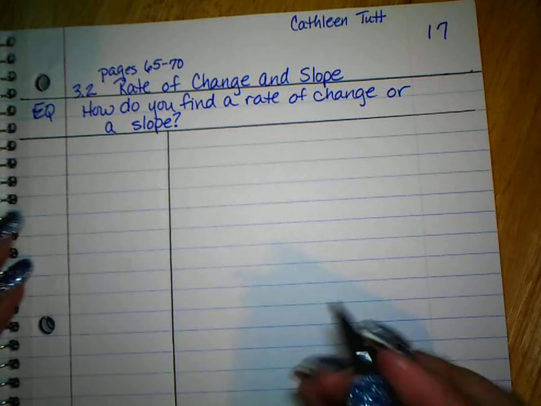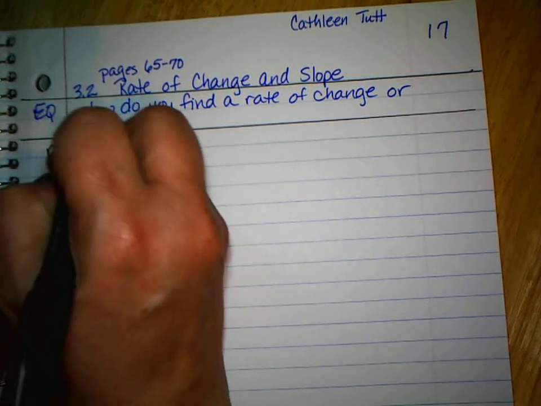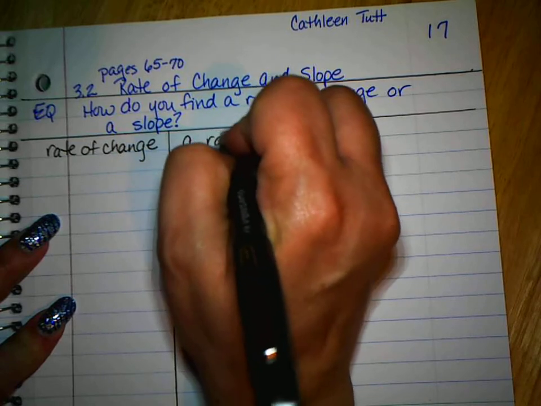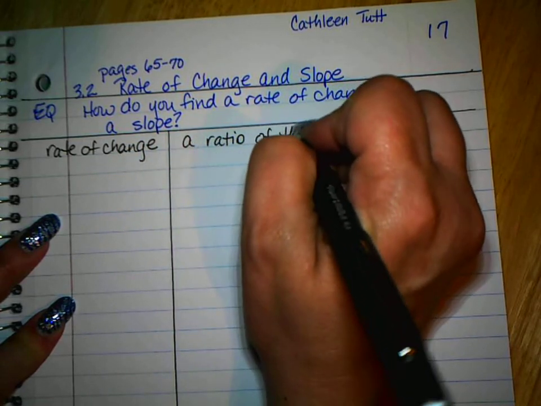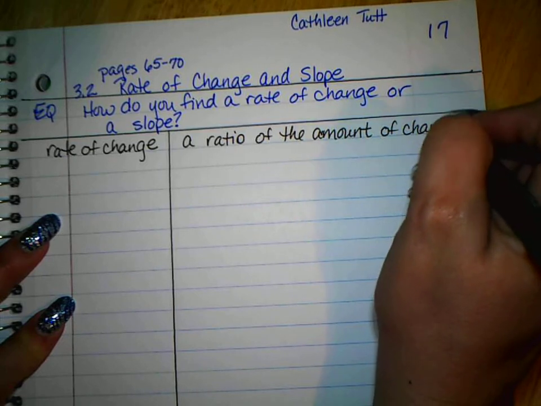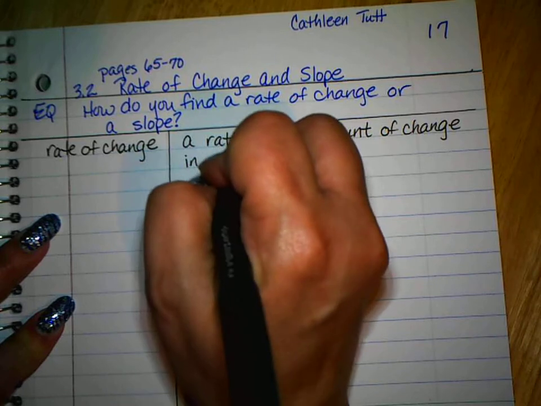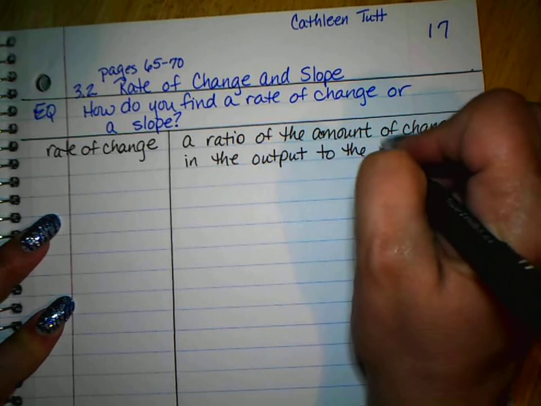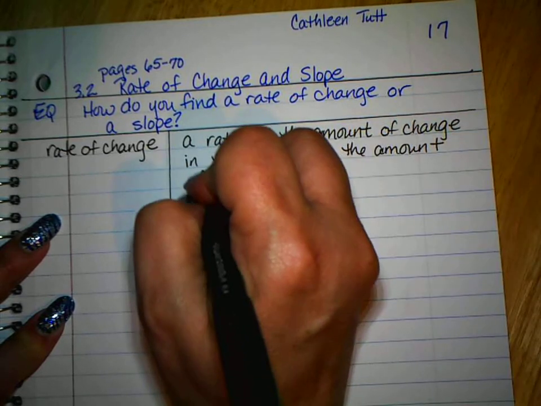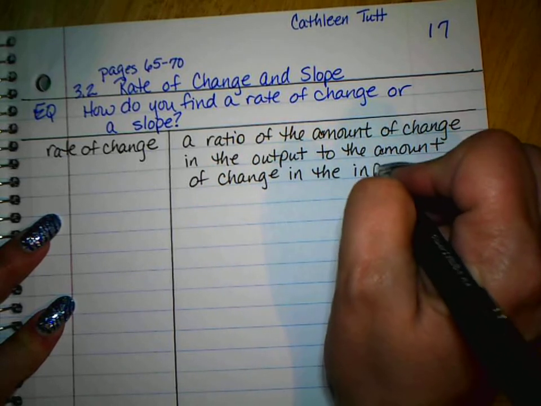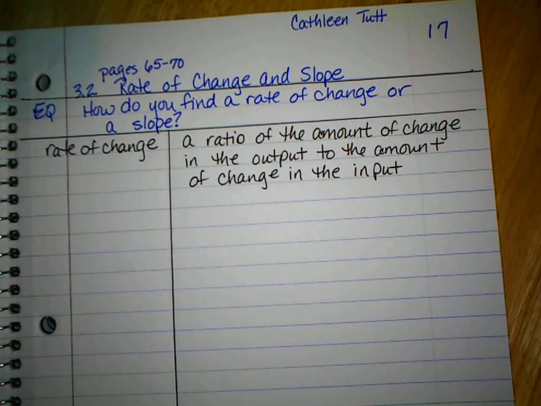We have some definitions to start with today. Rate of change: a ratio of the amount of change in the output to the amount of change in the input.